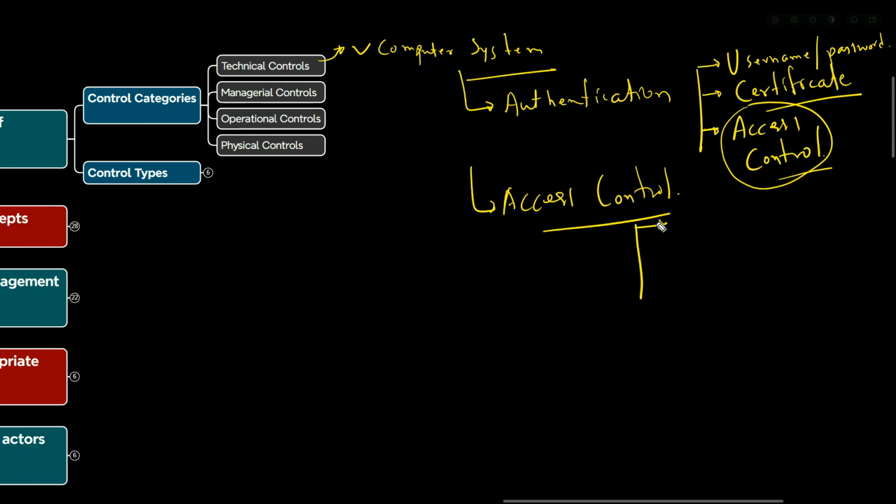The computer system will verify whether you are authorized to access those files or not. If you're unauthorized, then you will be prohibited, you will be stopped right there. That's called access control.